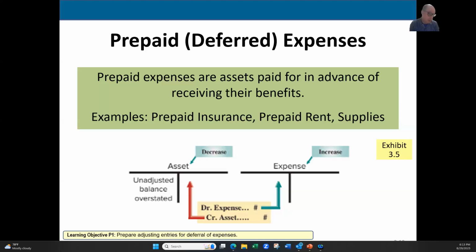Expenses paid in advance of receiving their benefit or consuming of that benefit. So here's the adjusting entry that we make. We debit the expense account, for example, insurance expense, and we credit the asset account, for example, prepaid insurance. What this does is it recognizes the consumption of that benefit.